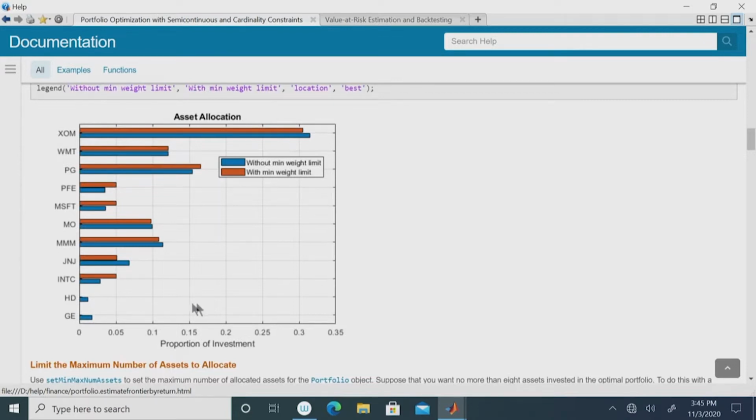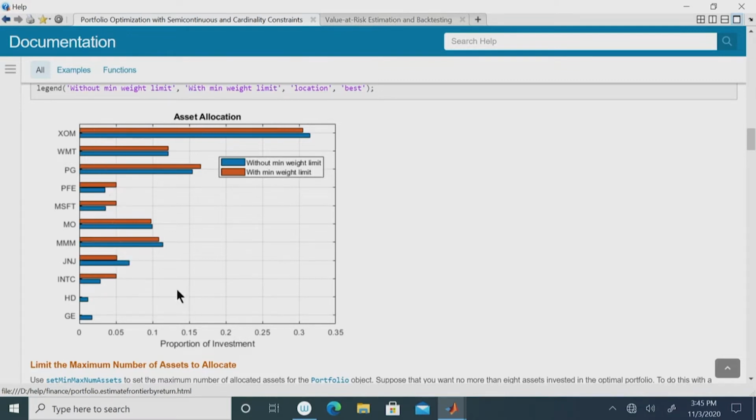You observe carefully here that without the minimum weight limit we have 11 assets, that means 11 cases where you have the blue line where the asset allocation has been done, and once you put the minimum weight limit it reduces from 11 assets to 9 assets.